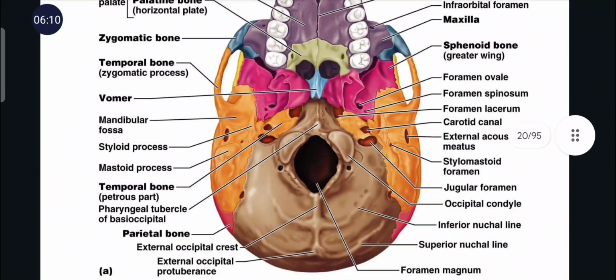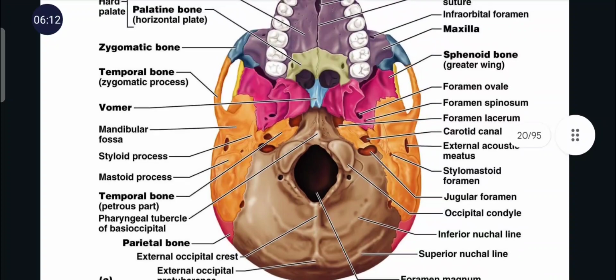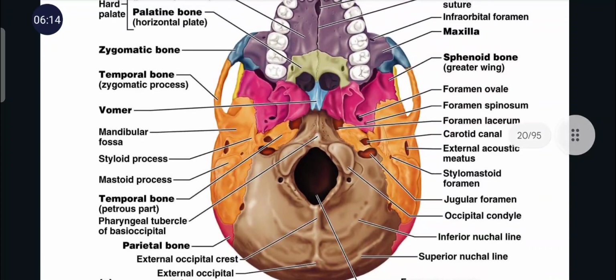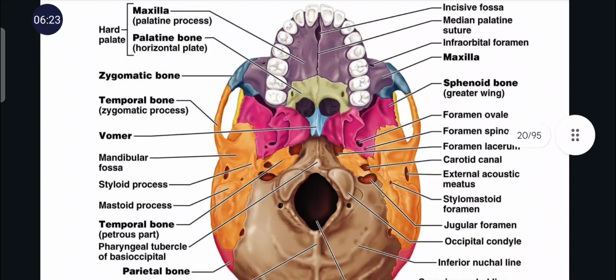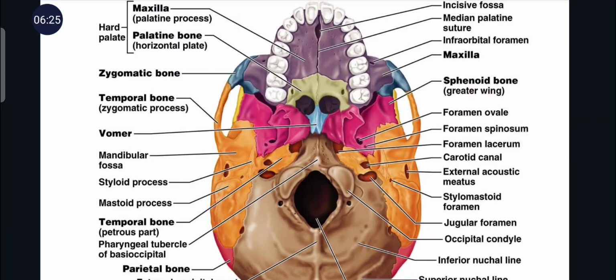So here you can see at the center the foramen magnum and other structures like the parietal bone, occipital bone, sphenoid, ethmoid, and some bones of the face like maxilla, mandible, palatine bone, vomer, etc.